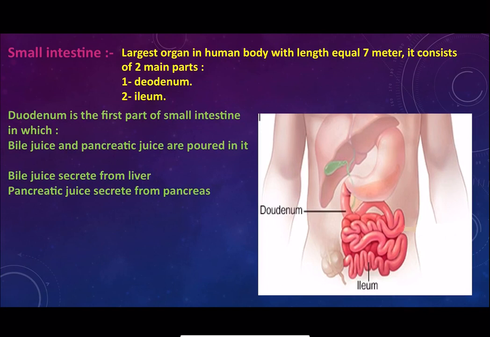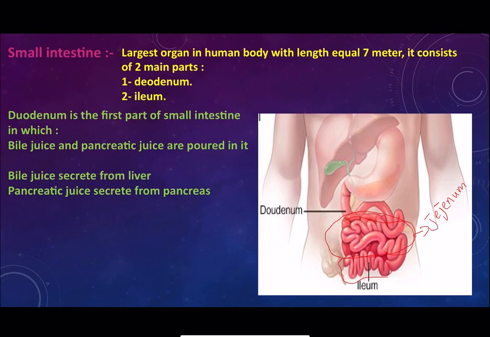In the future you will know that the small intestine consists of three parts: the duodenum, the second part, which is called the jejunum, and the last part, which is attached to the large intestine, called the ileum.